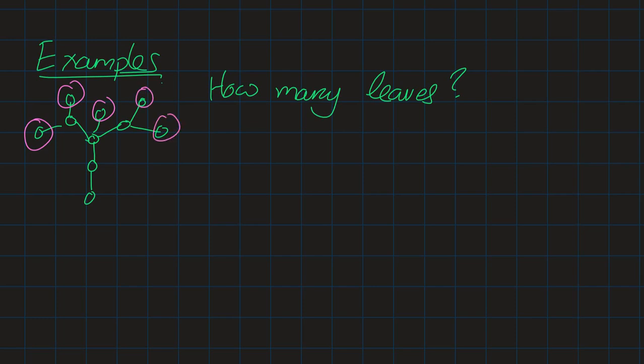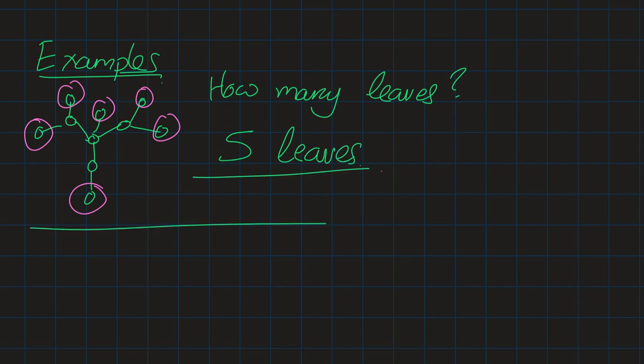But this down here is also a vertex of degree 1, so it's also a leaf. Even though in the analogy to the real world, this is like the stump of the tree, in terms of graph theory, you still count it as a leaf. So this particular tree right here has 1, 2, 3, 4, 5 leaves. It has 5 leaves.